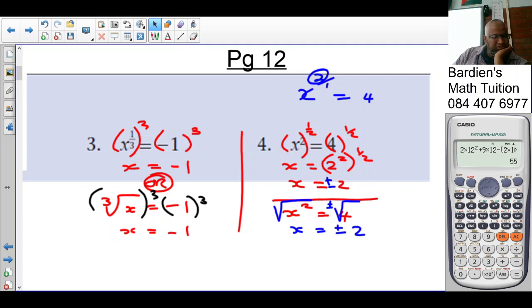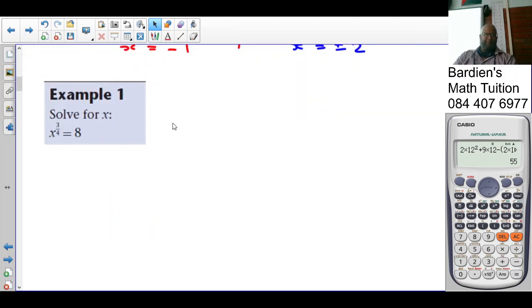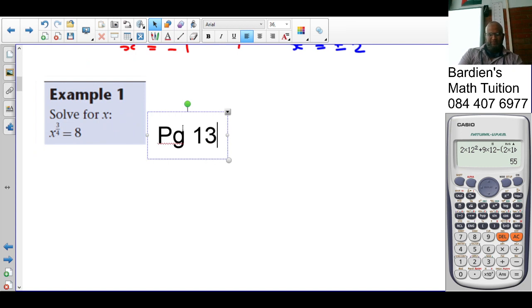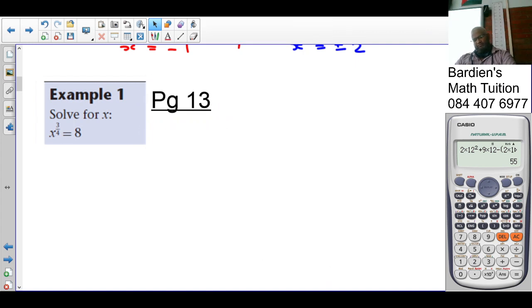So we're going to do these two examples on page 13. Example 2 is also on page 13.